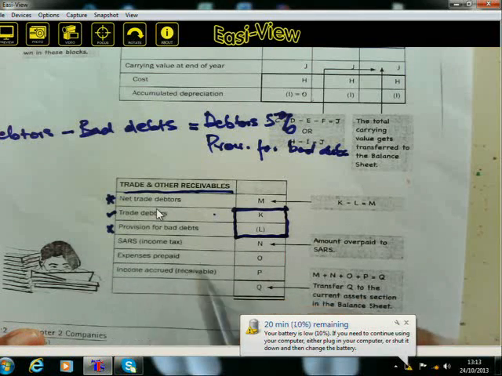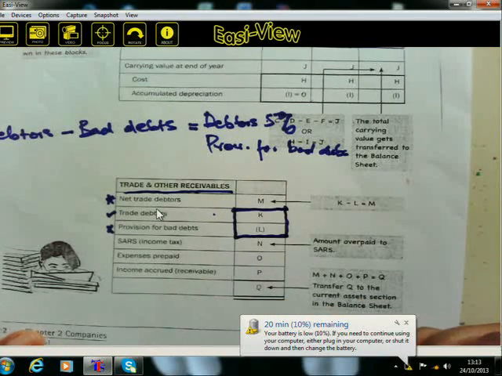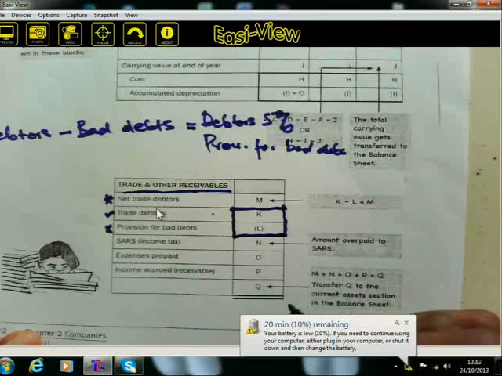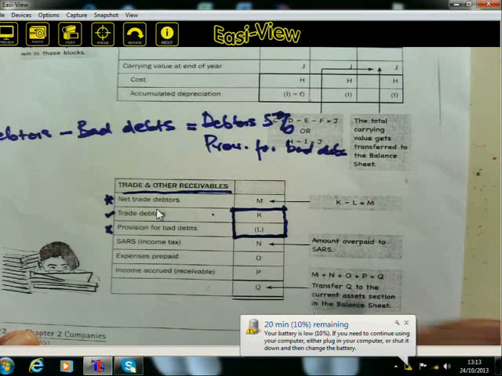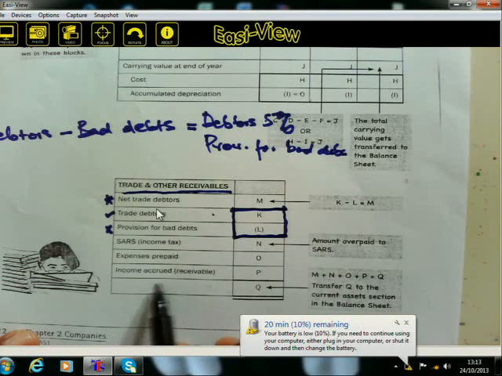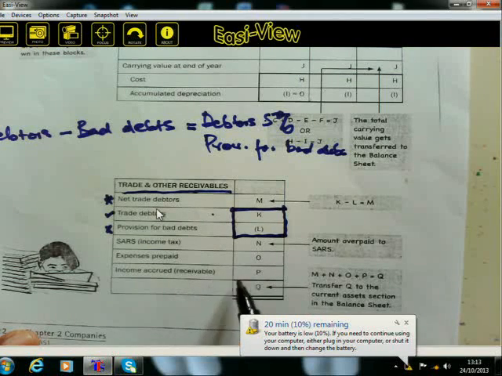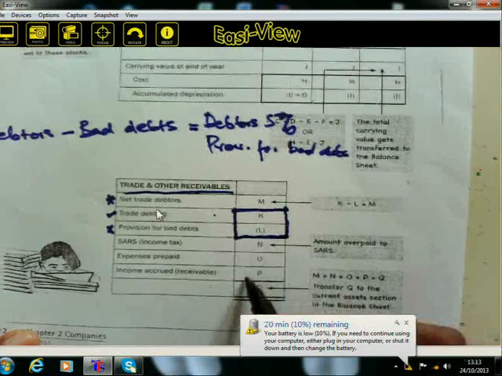Then thereafter, any expenses prepaid when you make the calculations from the adjustment should also be taken into consideration, because we know expenses prepaid, we as a business have paid more than we're supposed to pay. And then the income accrued, which is the income receivable, we still expect to receive that amount from the people who are owing us.